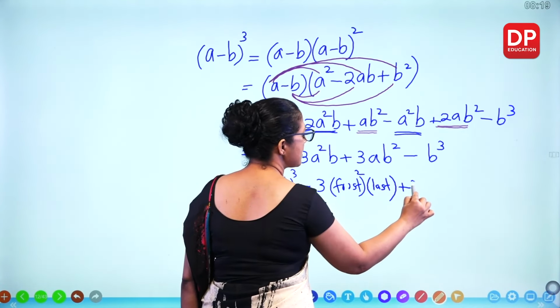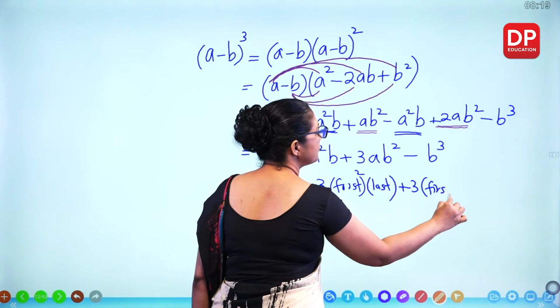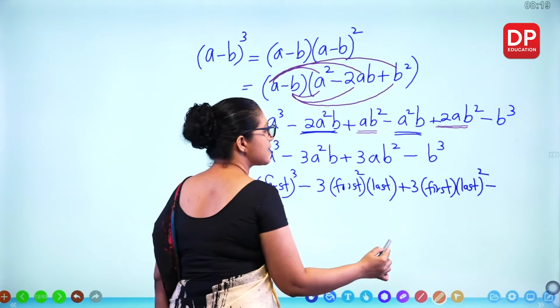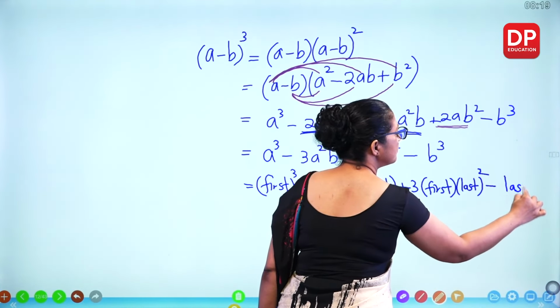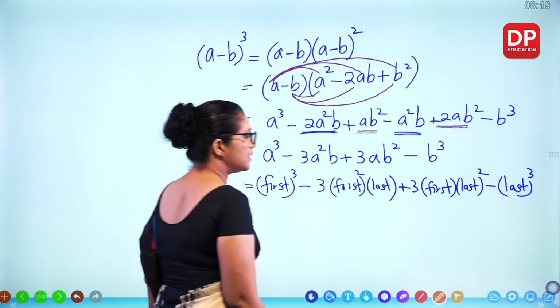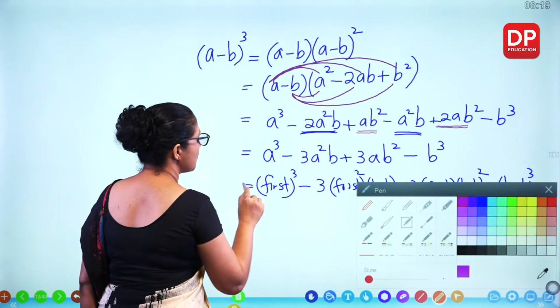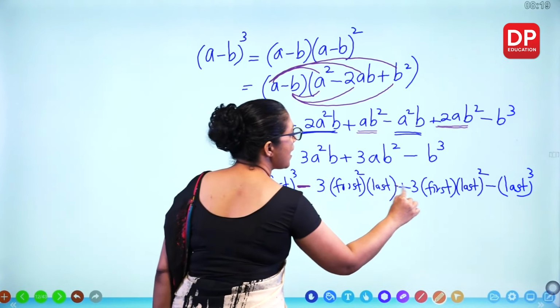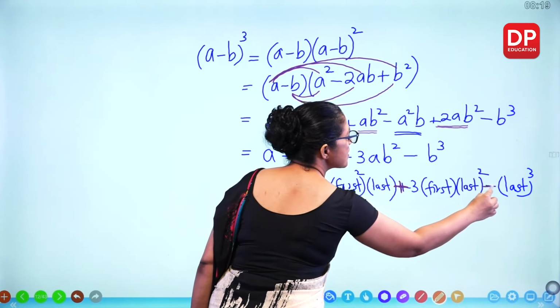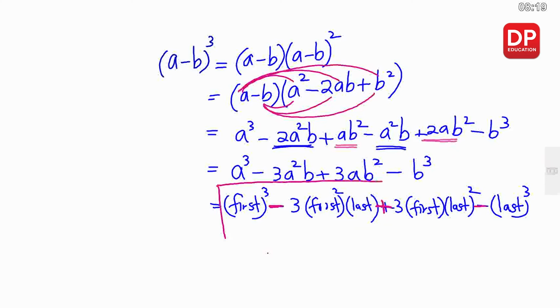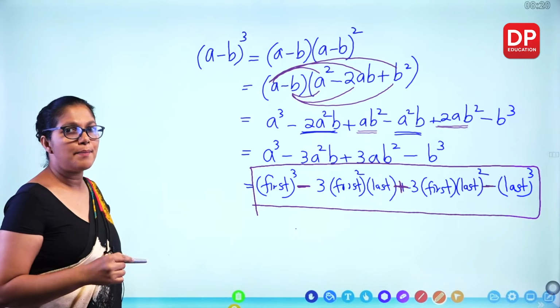Then 3 times first term and last term squared, and minus last term cube. So here the sign started with plus, minus, plus, minus. So remember this pattern when you get power 3 and especially when you get minus in the middle.